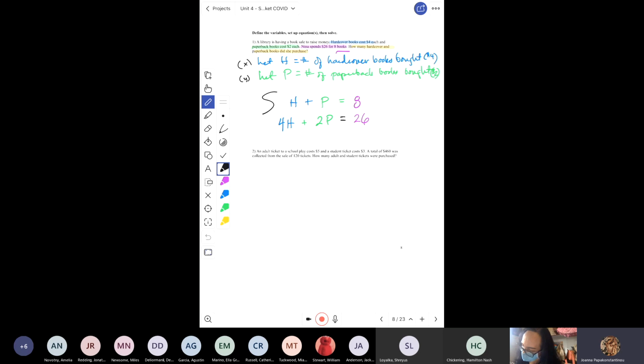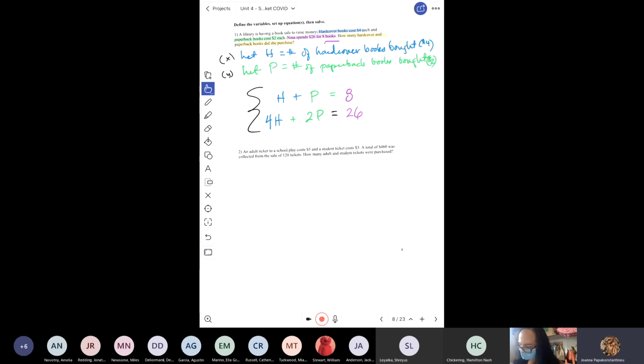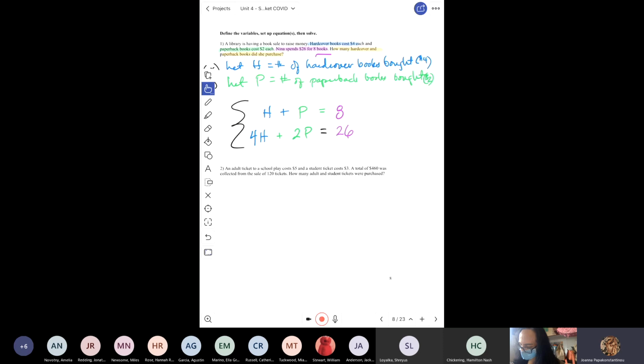Can you solve that system? Solve it. What method are you using?